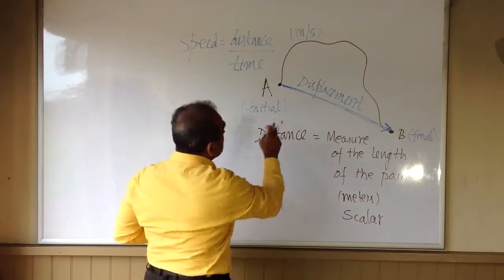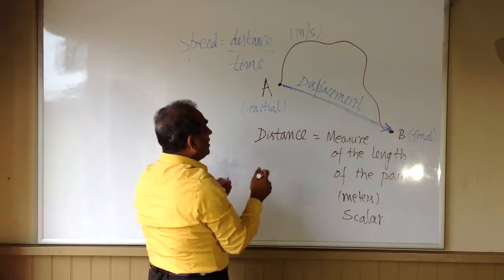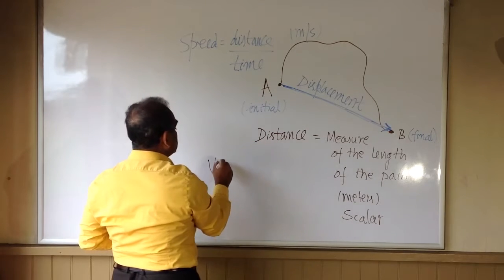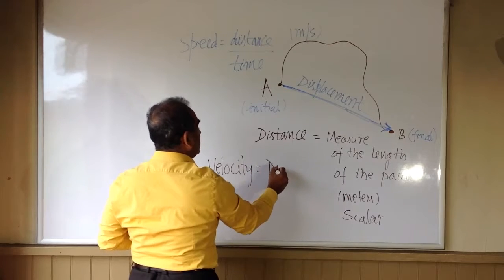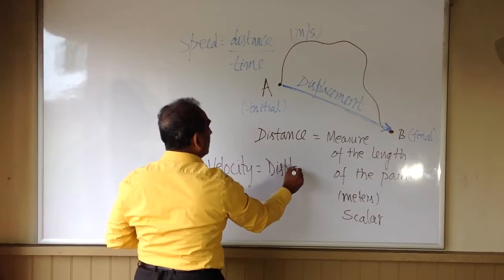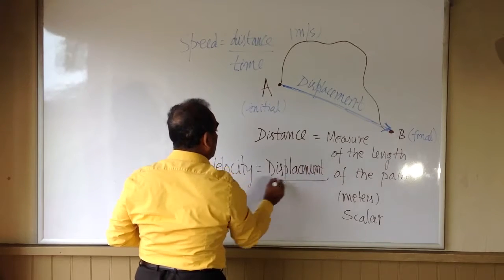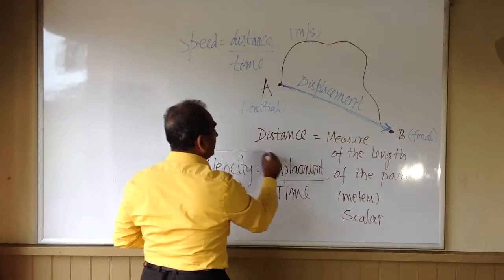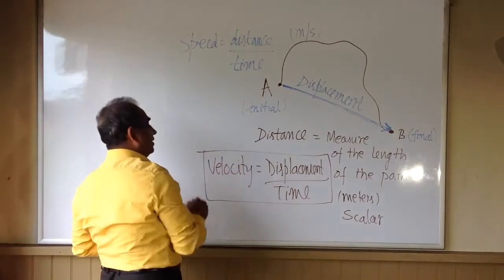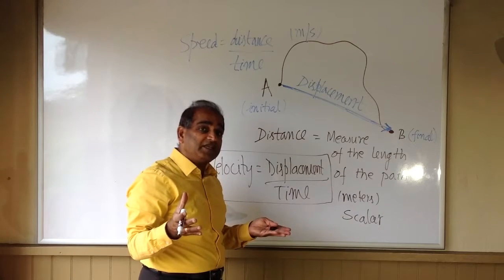Whereas if I measure this displacement and divide it by the same time, I get velocity. So velocity is equal to displacement over time. Now, is it a scalar quantity or a vector quantity?